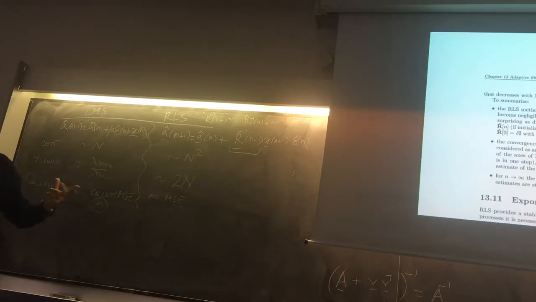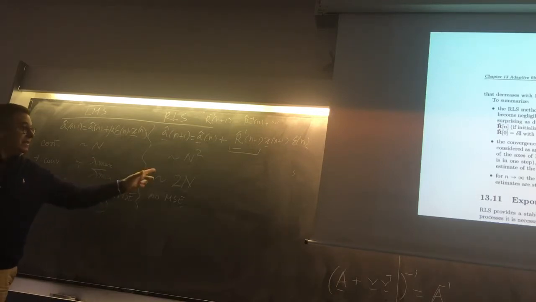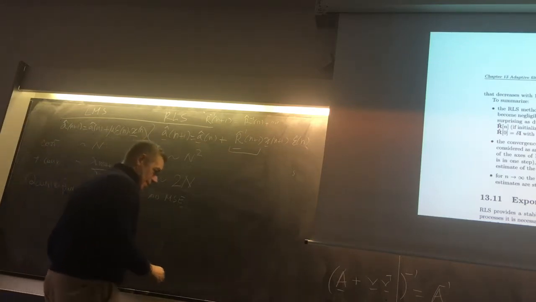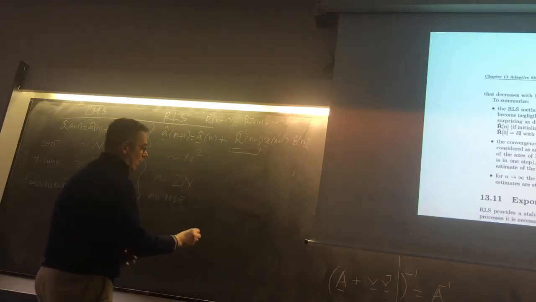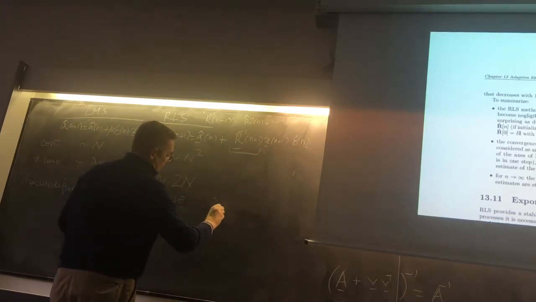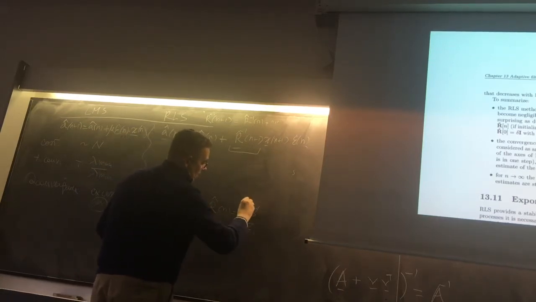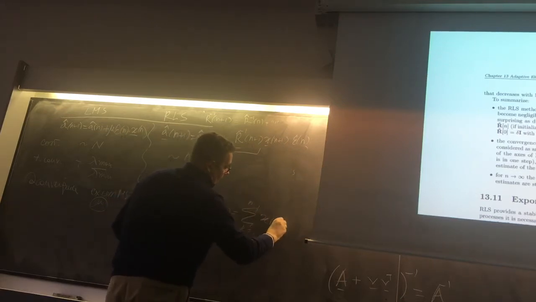And I'm just giving you the hint. The mistake is that this method is converging to the optimal solution only in a stationary condition. Why? Because in this method I'm computing R at n, which is summing x_k x_k transpose.